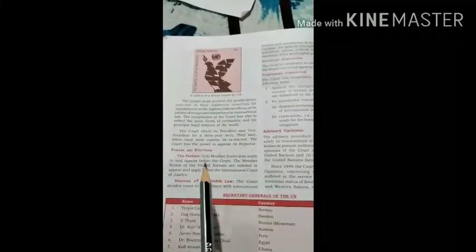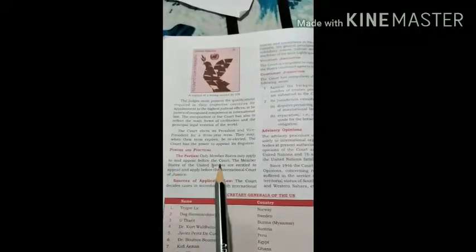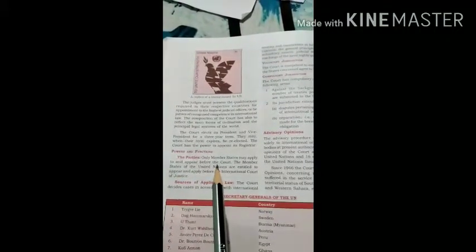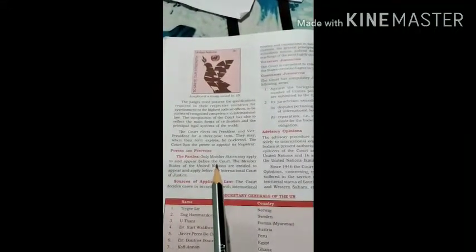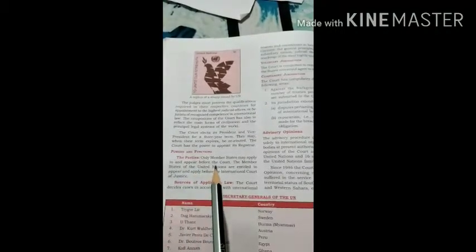The parties. Only member states may apply to and appear before the court. So only the United Nations members, the countries, can apply or present legal issues to the court.